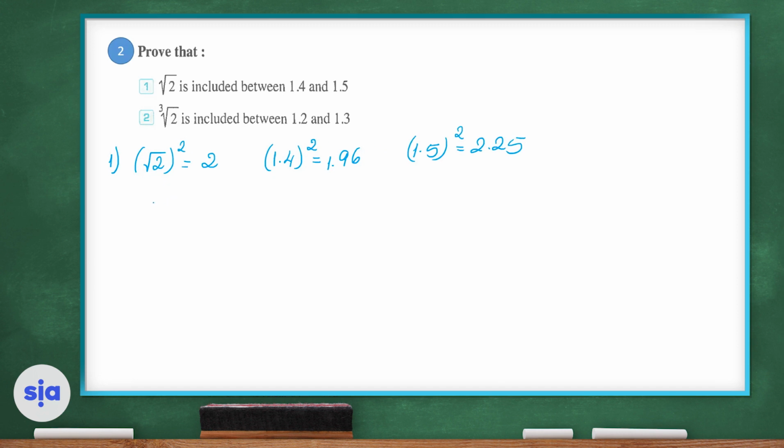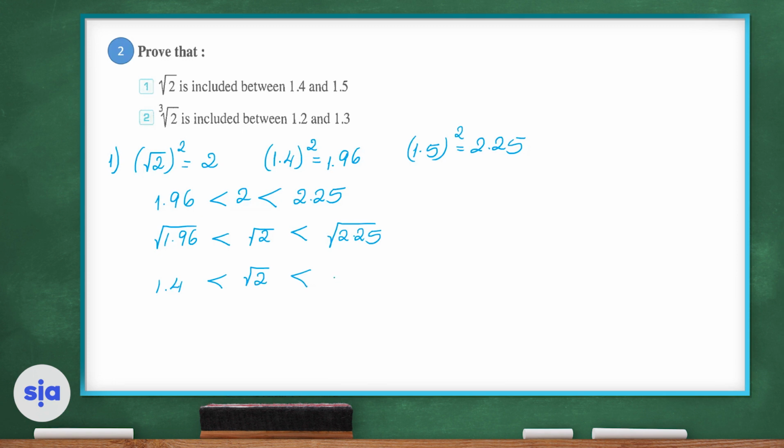Then we write 1.96 is less than 2, where the 2 is less than 2.25. If I take the square root of the 3 numbers in the inequality, the square root of 1.96 is 1.4, here we have the square root of 2, and here the square root of 2.25 is 1.5.